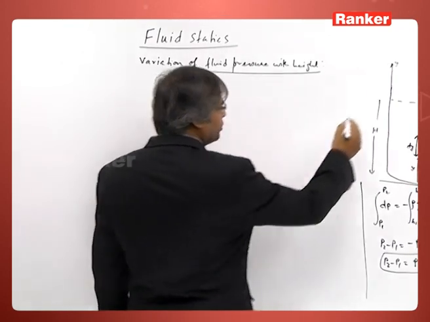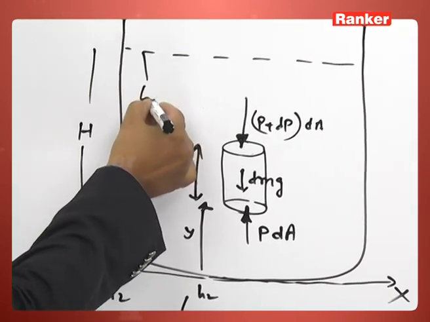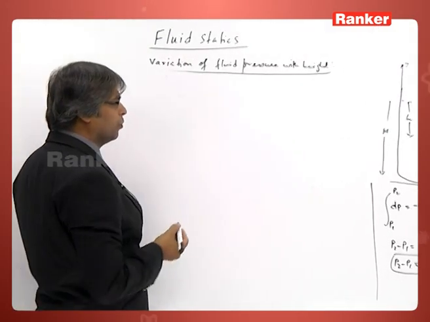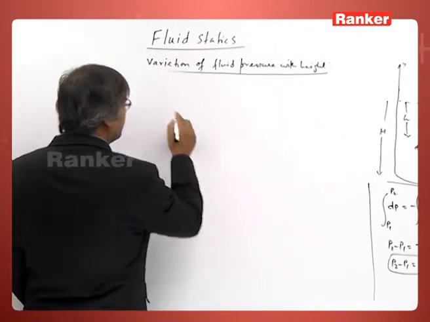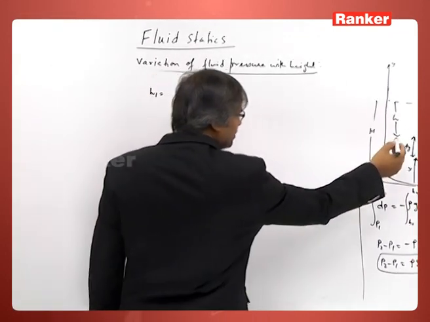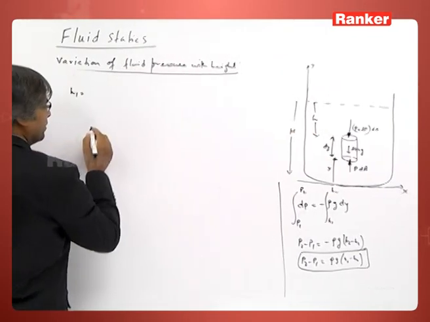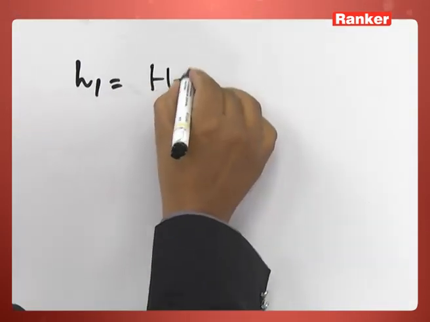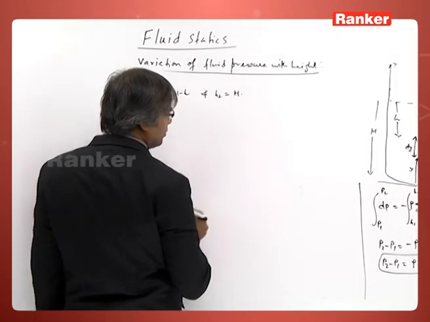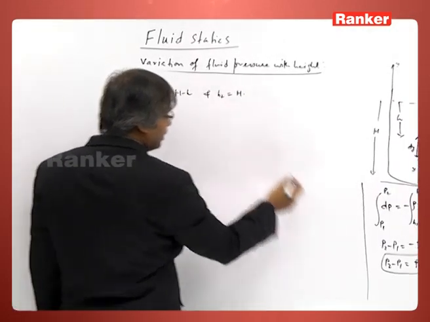Suppose I denote this height as h, that is from the surface. So, H1 is equal to H minus h and H2 is equal to H. We will substitute these in the expression for P2 minus P1.